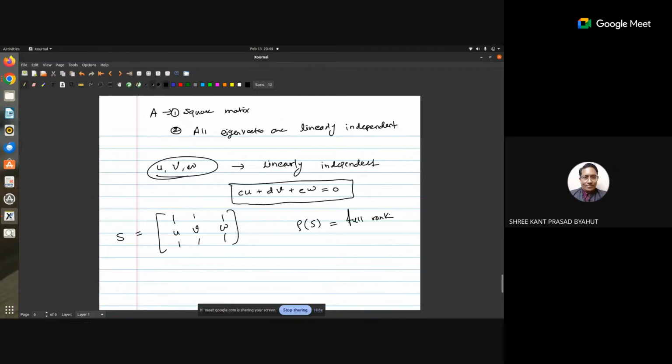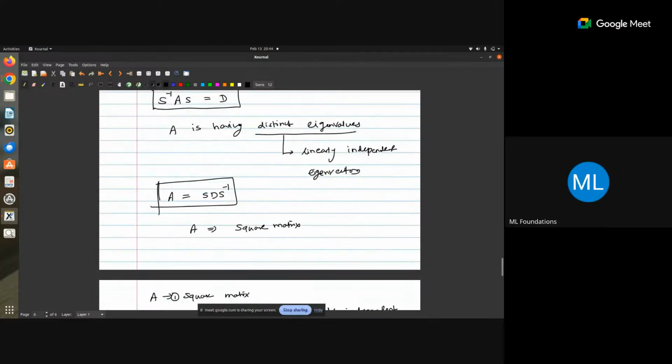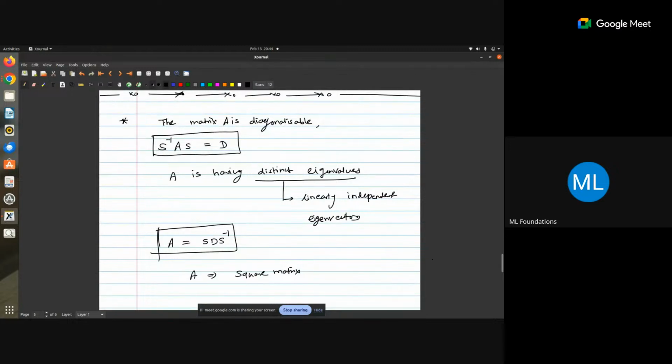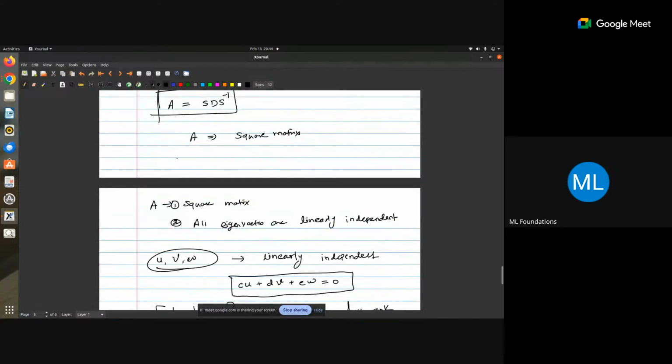I hope you got the idea. So when is the matrix A called diagonalizable? Actually there are two conditions. A should be a square matrix, and all the eigenvectors should be linearly independent.